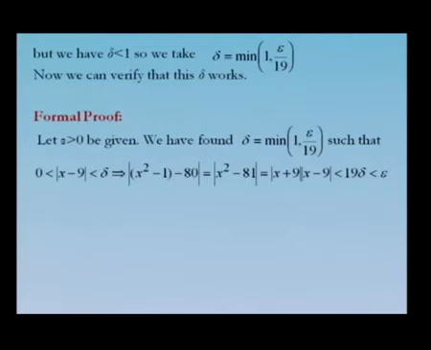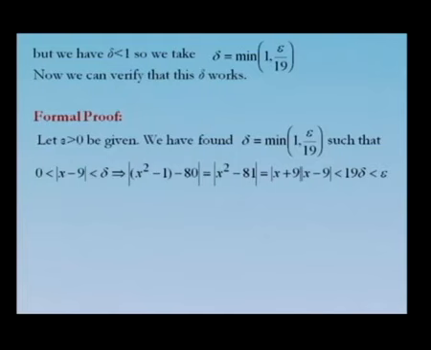Now we will give the formal proof. Let epsilon greater than 0 be given. We have found delta equal to the minimum of 1 and ε/19 such that 0 < |x − 9| < δ implies |x² − 1 − 80| = |x² − 81| = |x + 9||x − 9|, which is less than 19δ, which is less than ε.